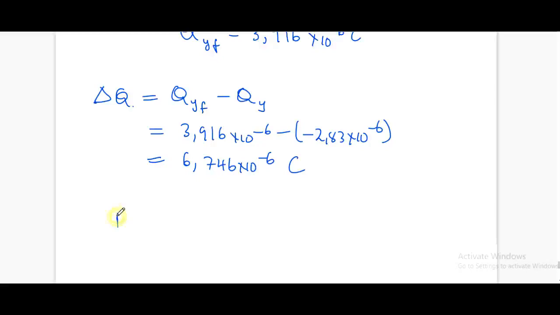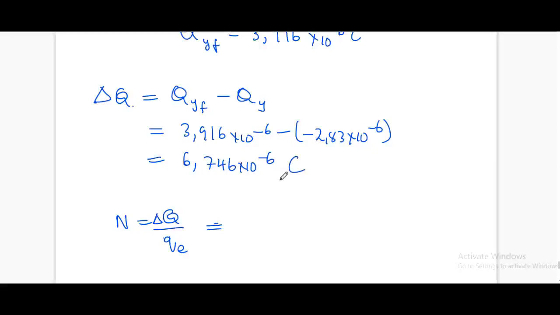Okay, so I'm going to say n is equal to the change in Q divided by Qe. You will notice that this is positive charge and it tells us about protons.